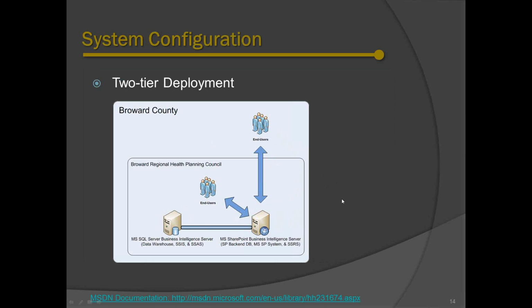Our plan in the future, when the system shows some overutilization and overload, is to go to a 3-tier where we segregate the data warehouse, move it to a third server, and maybe start dividing and distributing the SSIS into multiple servers, the same with SSAS, and maybe create application servers to load balance the SharePoint.